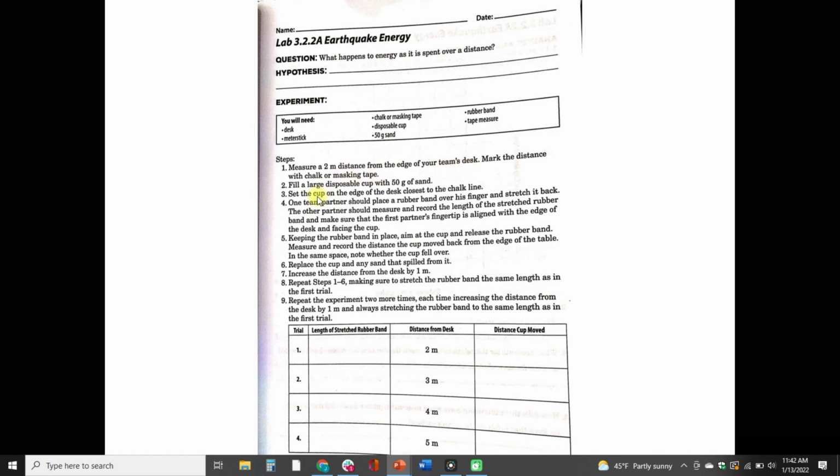You're going to put the cup at the edge, and then you're going to basically shoot at it with your rubber band. But you want to make sure you're stretching the rubber band the same distance each time. So number 4 here, that's why you're measuring how far you're stretching, so that you can stretch it the same way the next time.